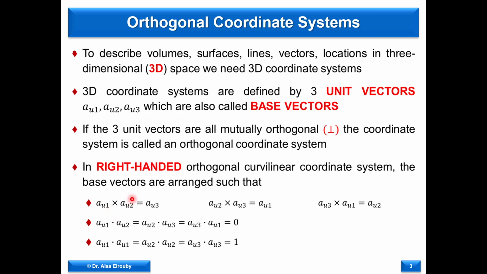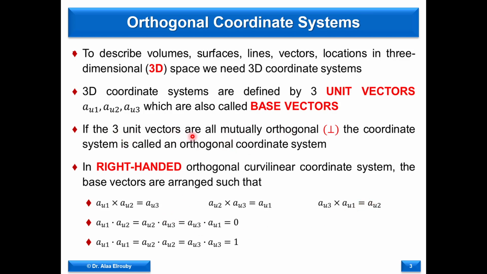So it's 1, 2, 3. So if we have au2 cross au3, it will give us au1. au3 cross au1 will give you au2. If we change the order, of course, as with any cross product, we will have a negative sign on the other side.